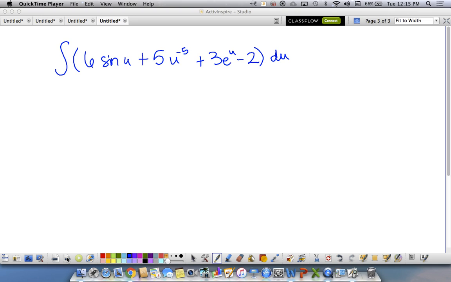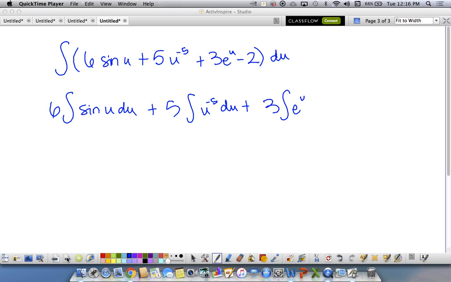If I were to break this up, I have the integral of, I'm pulling the 6 out, sine u du plus 5 integral u to the negative 5th du plus 3 the integral e to the u du minus. Is it okay if there's a minus there? Of course it is. Integral of 2 du. Okay? We use it all the same.